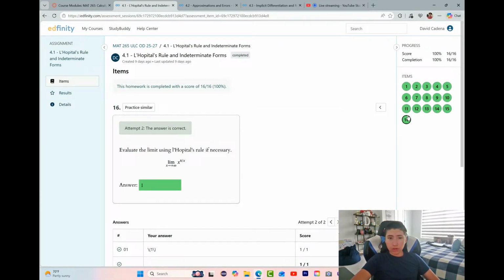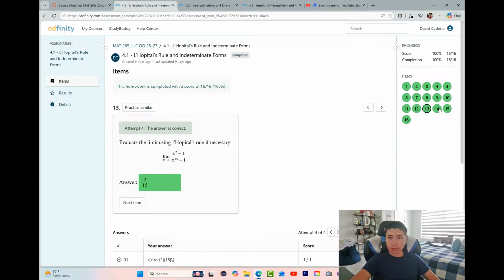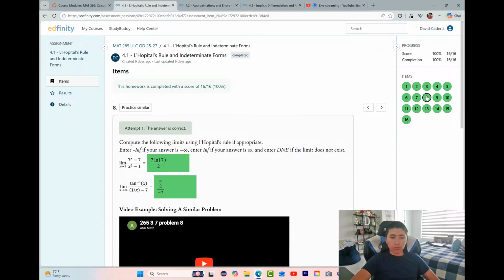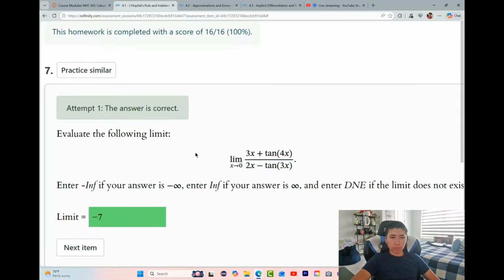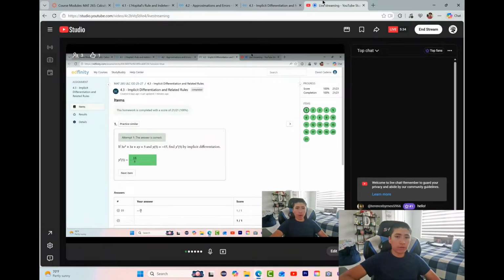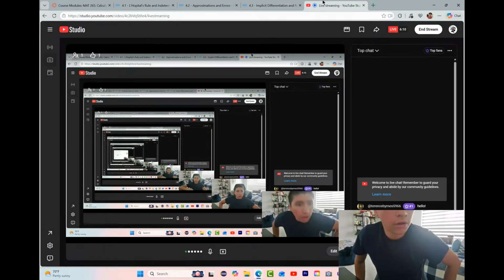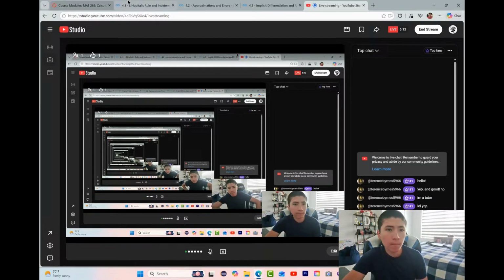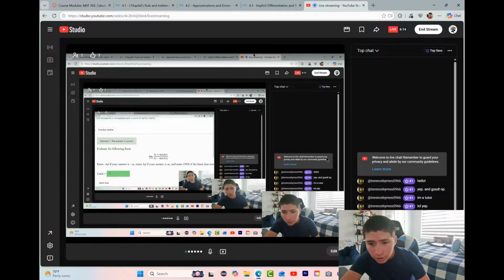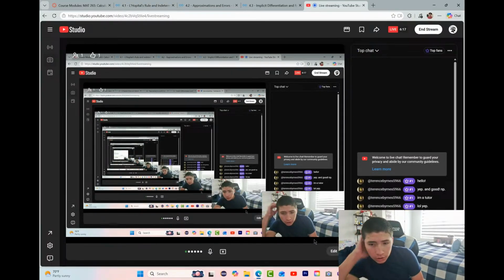Are these the more complicated ones? I guess we should go over them, right? You can always think of L'Hopital's rule as whether the numerator or denominator grows or shrinks faster.